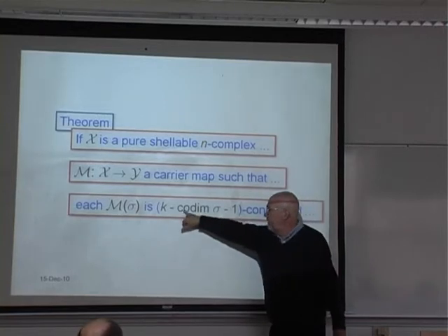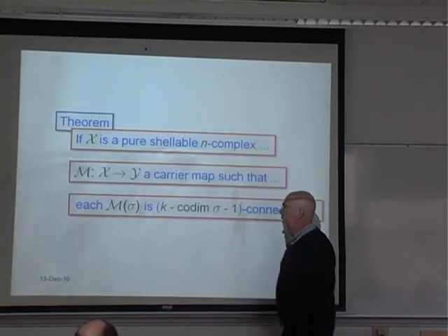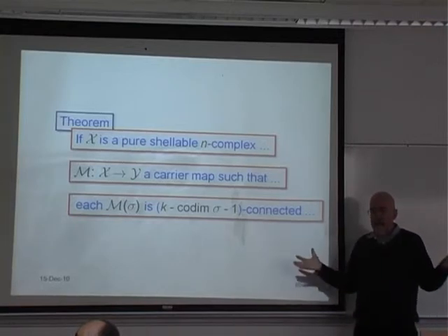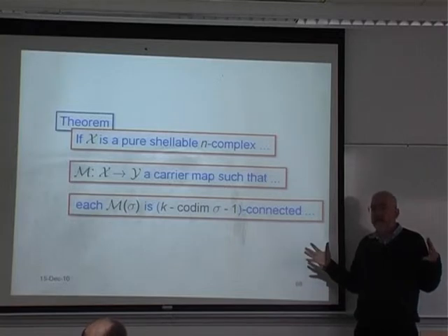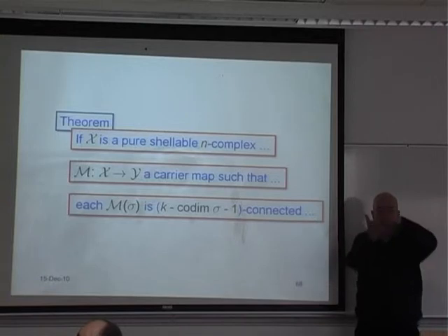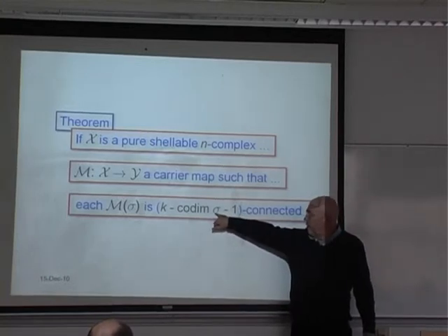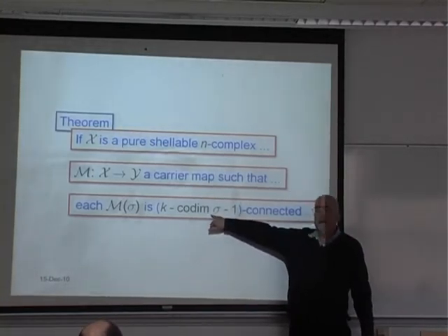So for example, for a facet, the codimension vanishes, and this says that the image of a facet is k minus 1 connected for some k, because ultimately we're interested in showing that k-set agreement will be impossible. We need the codimension because in order to apply the nerve lemma and stuff like that, we need it to behave nicely in lower dimensions as well. As sigma gets smaller, the codimension gets bigger, and the degree of connectivity gets smaller at the same time.